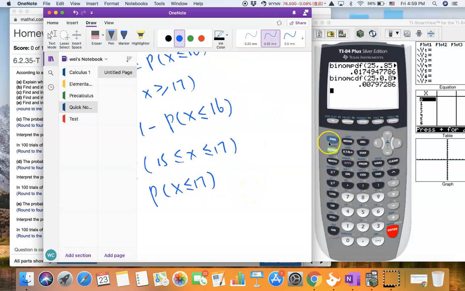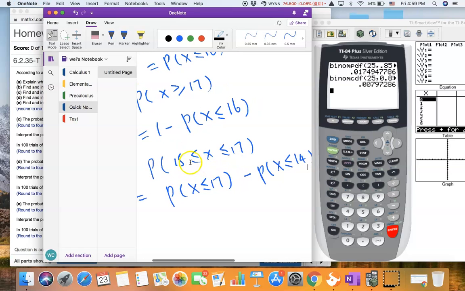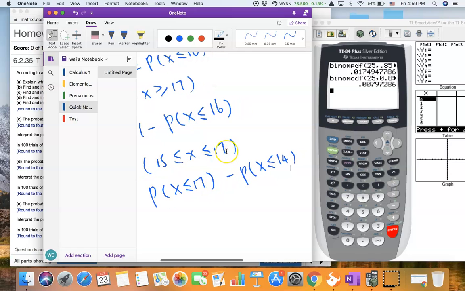And then we subtract the probability that x is less than or equal to 14. Because the probability we're looking at is the probability that x equals 15 plus x equals 16 plus x equals 17.